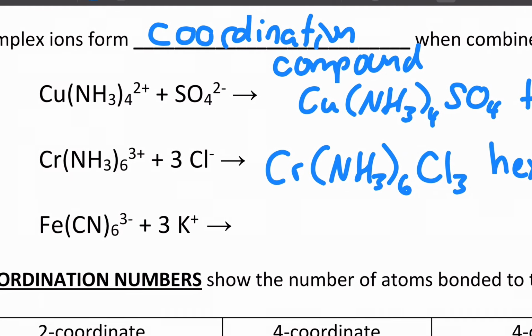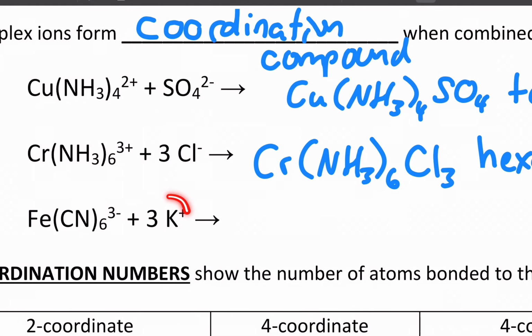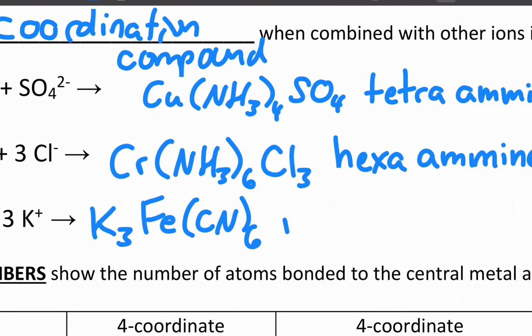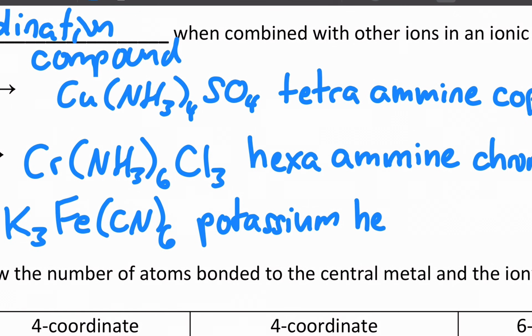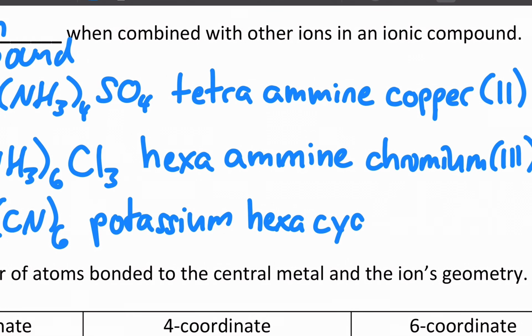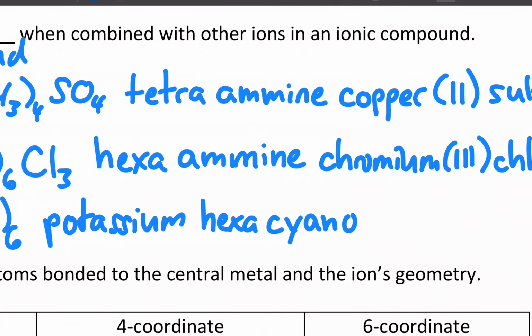And then the last one, speaking of cation first, it's 3 potassium ions. So I write K3, and then Fe with 6 what are called cyano groups. So the name would be potassium, cation first. And then hexa for 6. Again, you don't need to know the nomenclature for this class. The CN group is called a cyano when it's a ligand.